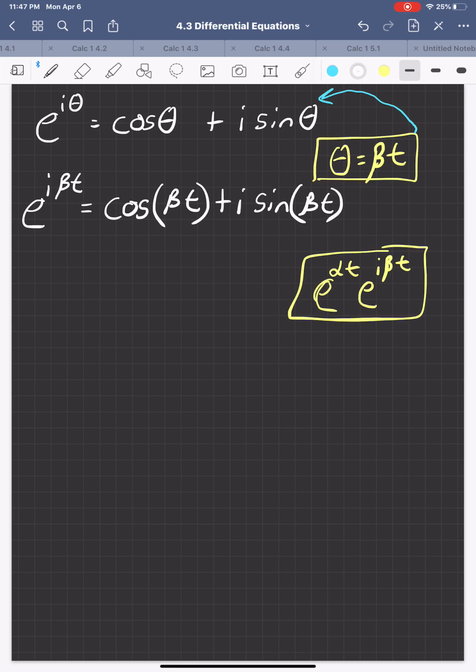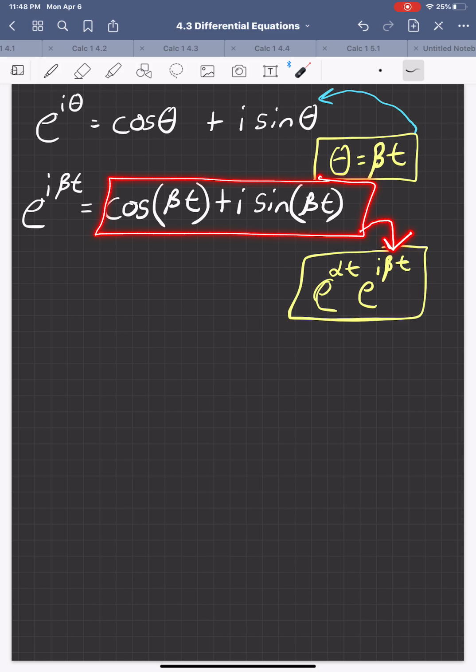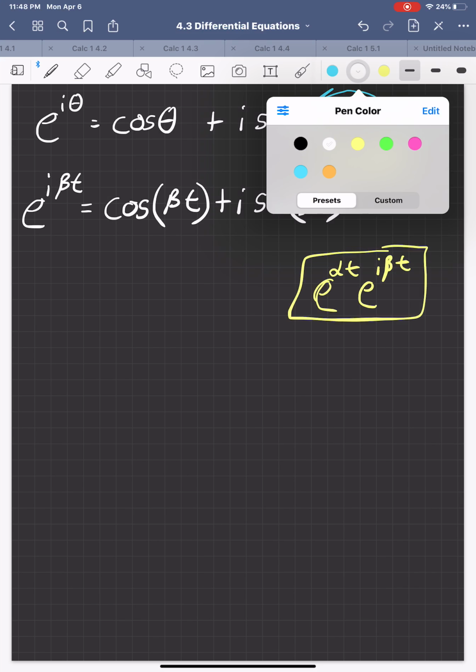So what you can imagine is going to happen now is we're going to take this cosine beta t plus i sine beta t and plug it in for this e to the i beta t.